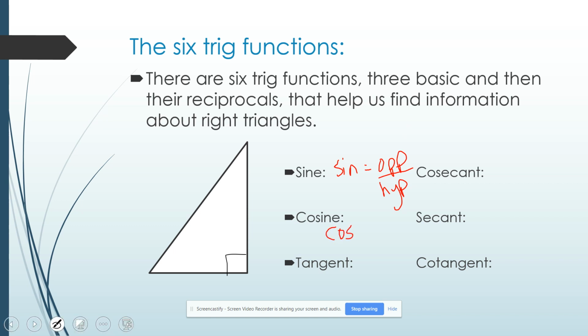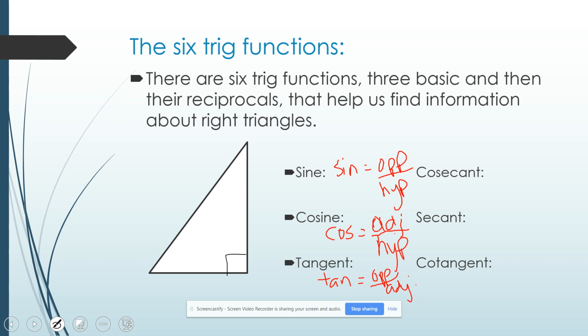Cosine is abbreviated COS, and it is the side adjacent over the hypotenuse. And then tangent is abbreviated TAN, and it is the side opposite over the side adjacent.